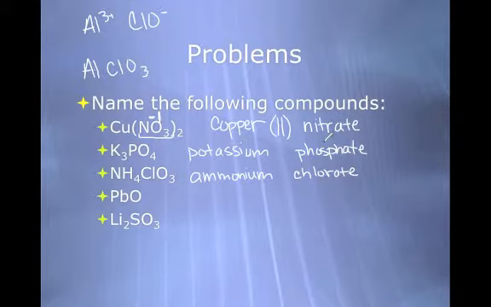So if it was hypochlorite, so aluminum plus hypochlorite, would this be the correct formula for it? No, what do I need to add? Right. Because I don't have 3 oxygens, I have 3 hypochlorites. So if you look at this 3, since there are no parentheses here, you know that 3 is part of the polyatomic ion.